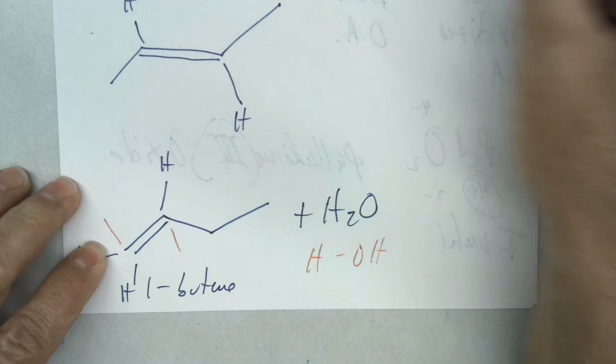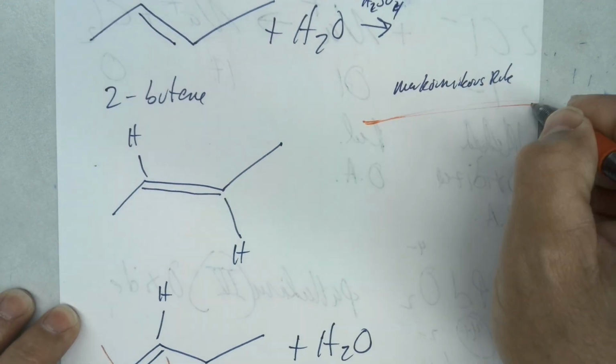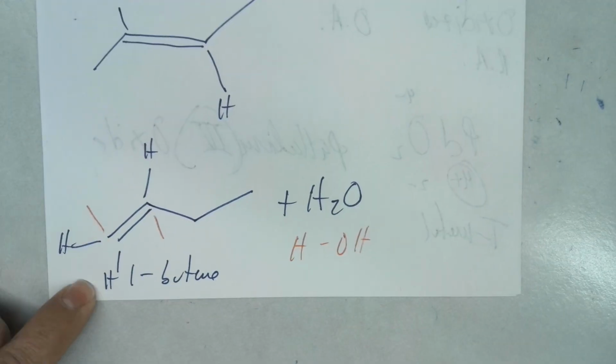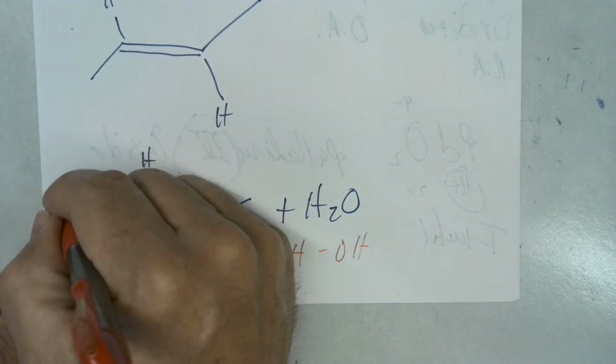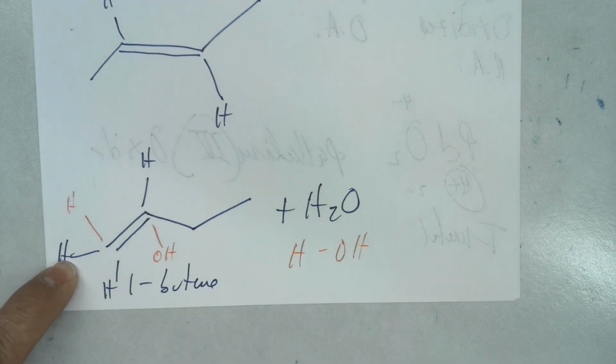What does Markovnikov's rule state? Anybody remember? Yeah, the one with more H's. Well, this has 2 H's, that only has 1 H. Wouldn't that get the H and that get the OH? Does that make sense? Yeah. Is that what you were talking about?